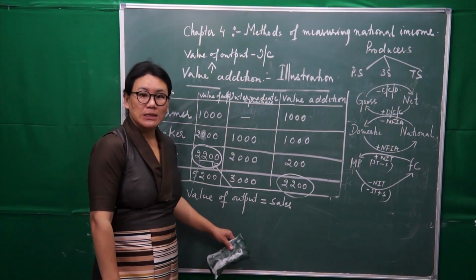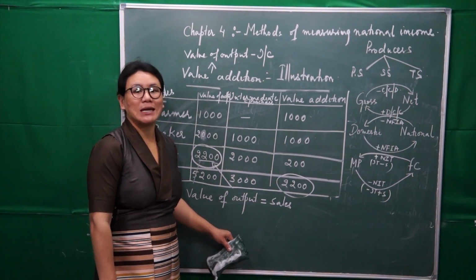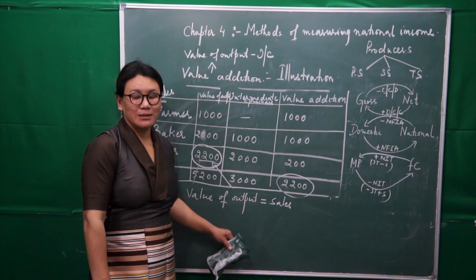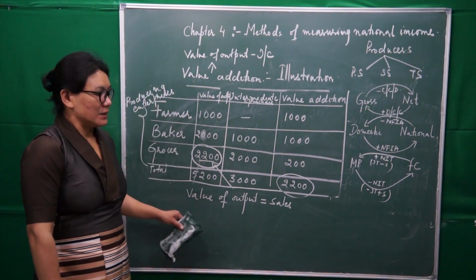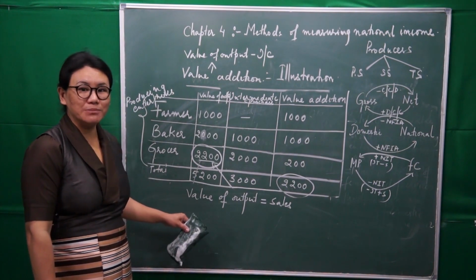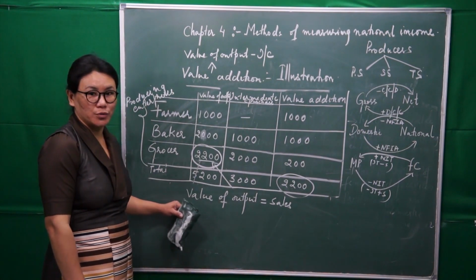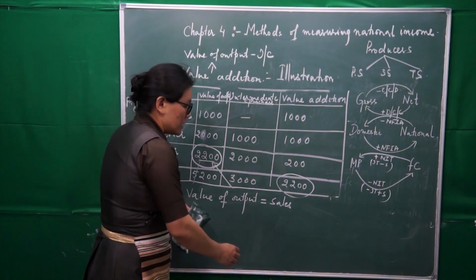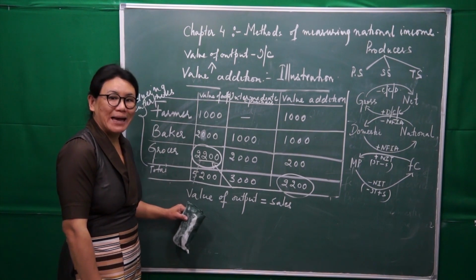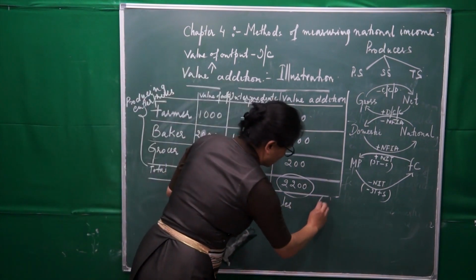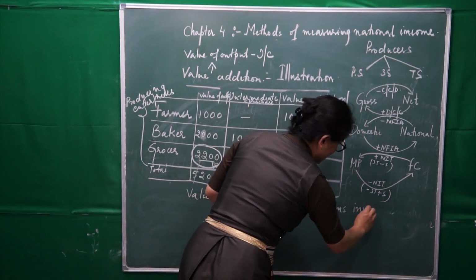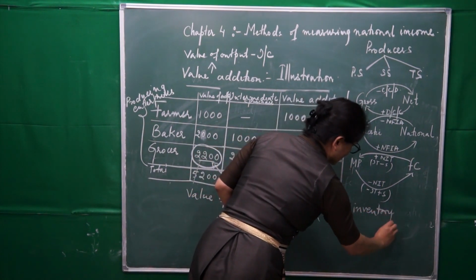Sometimes some goods remain unsold during that year. Then what will they do? They will add it up to the firm's inventory stock. If output remains unsold, I repeat, it will be added to the firm's inventory stock.